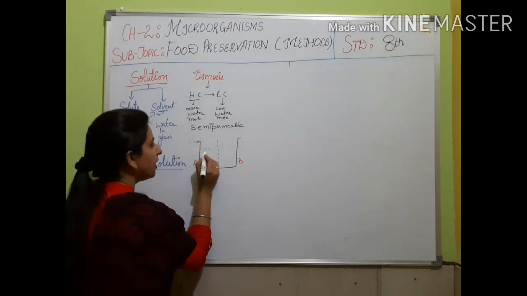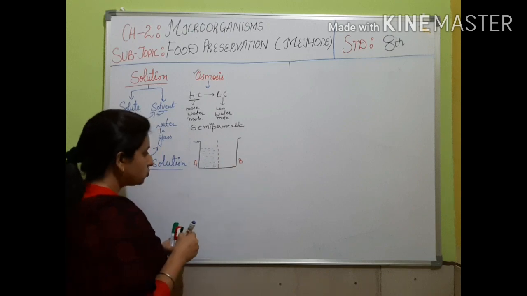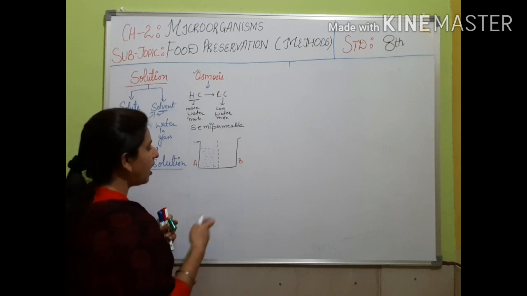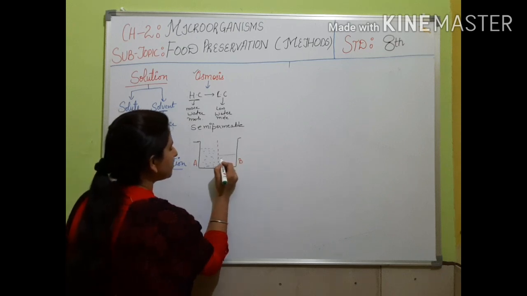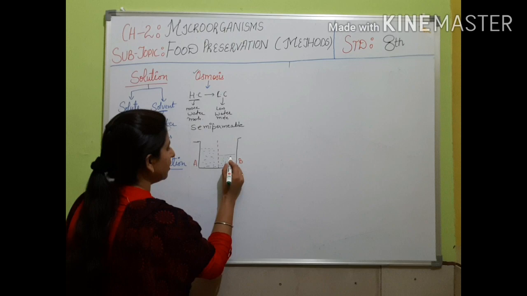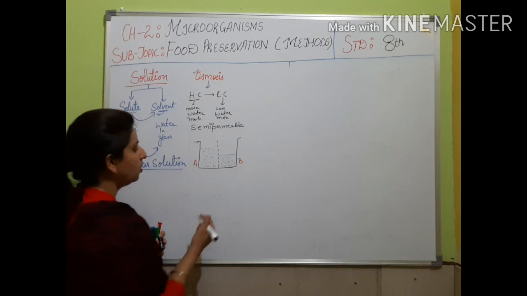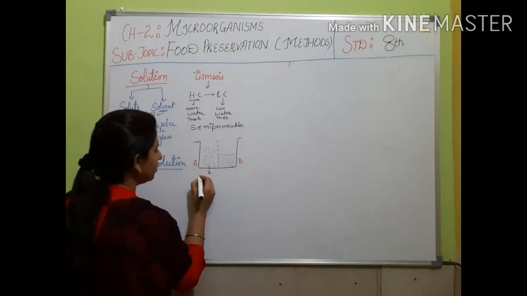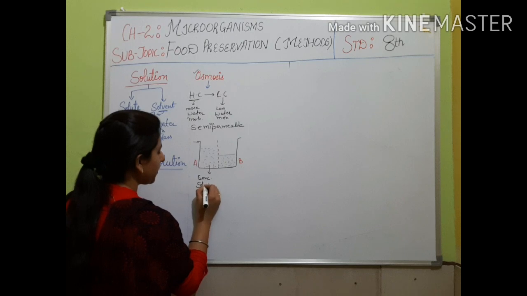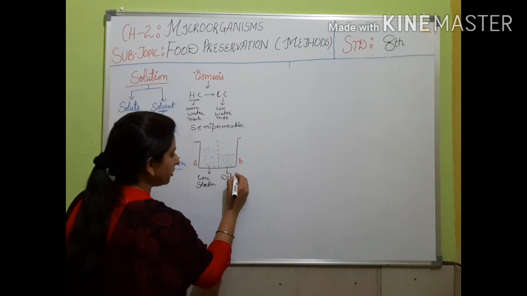On one side I take sugar solution which has higher concentration, and on the second side I take sugar solution which has low concentration. So here the concentrated solution is present, and here the dilute solution is present.